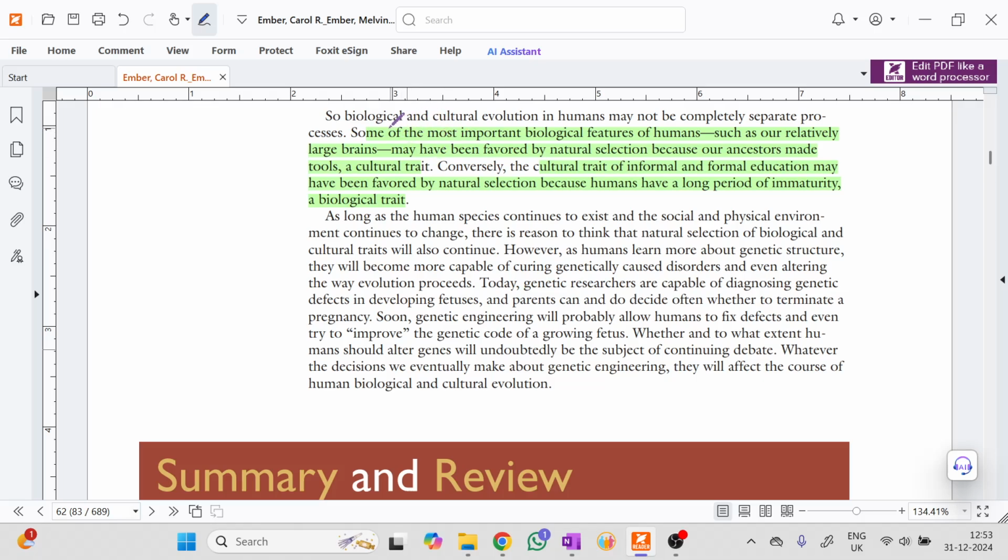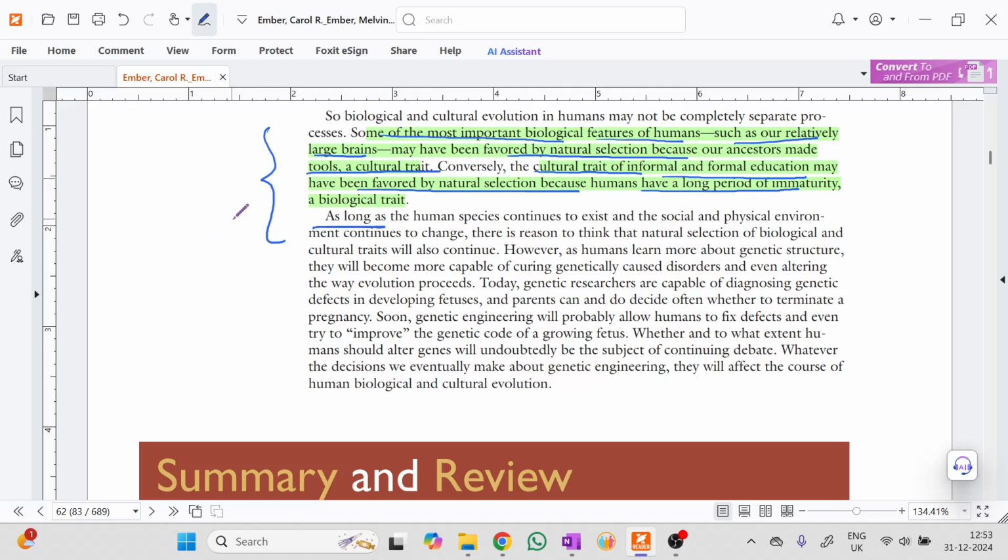Then some of the most important biological features of humans, such as our relatively large brain, may have been favored by natural selection because our ancestors made tools, a cultural trait. Conversely, the cultural trait of informal and formal education may have been favored by natural selection because humans have a long period of immaturity.